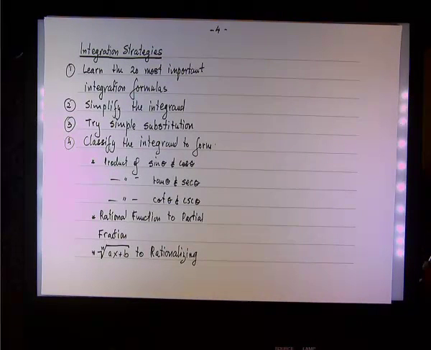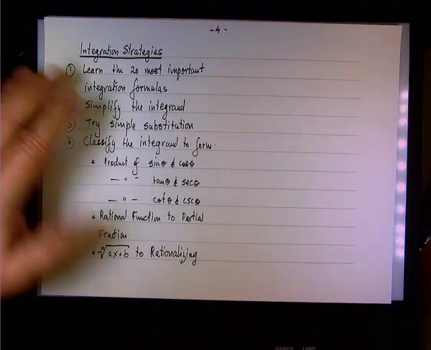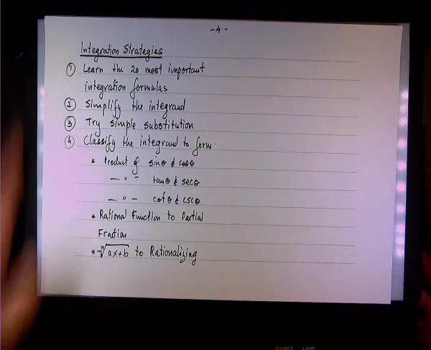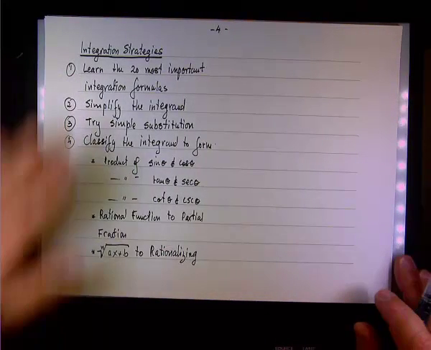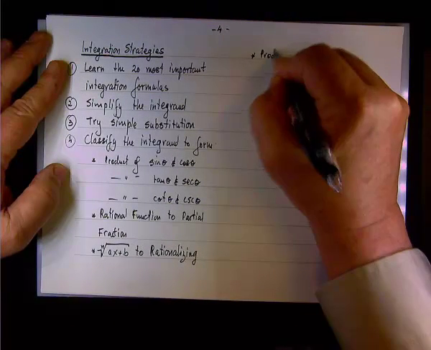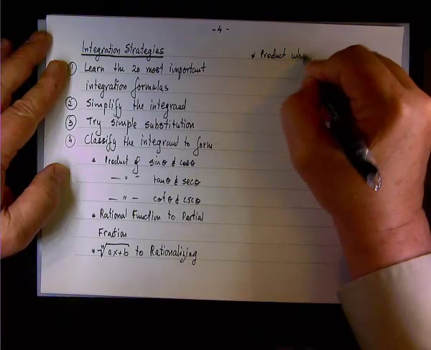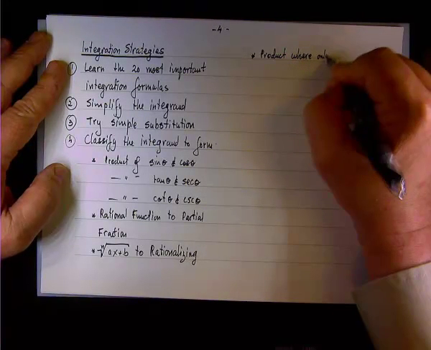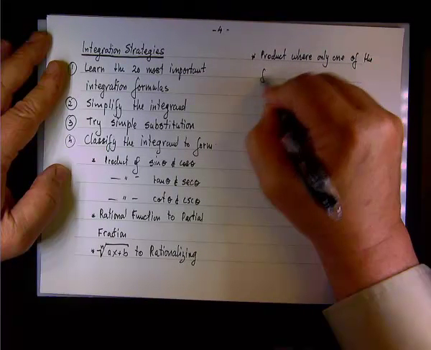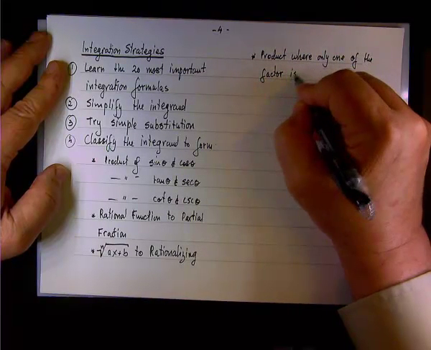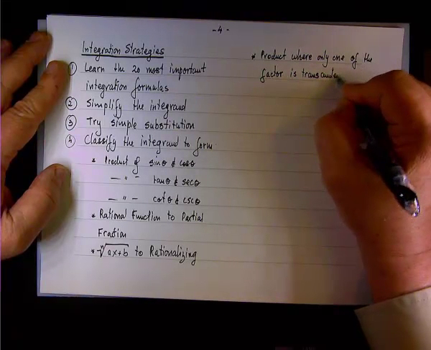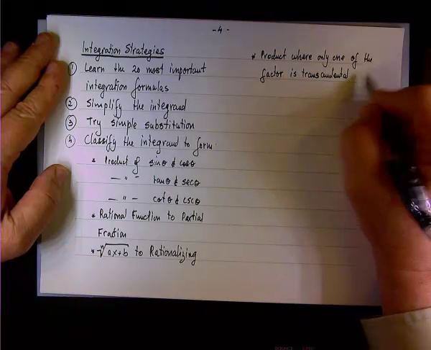If you have a product of a power, polynomial, or any kind of algebraic function times a transcendental one, use integration by parts. So how should I put it in short? A product where only one of the factors is transcendental.